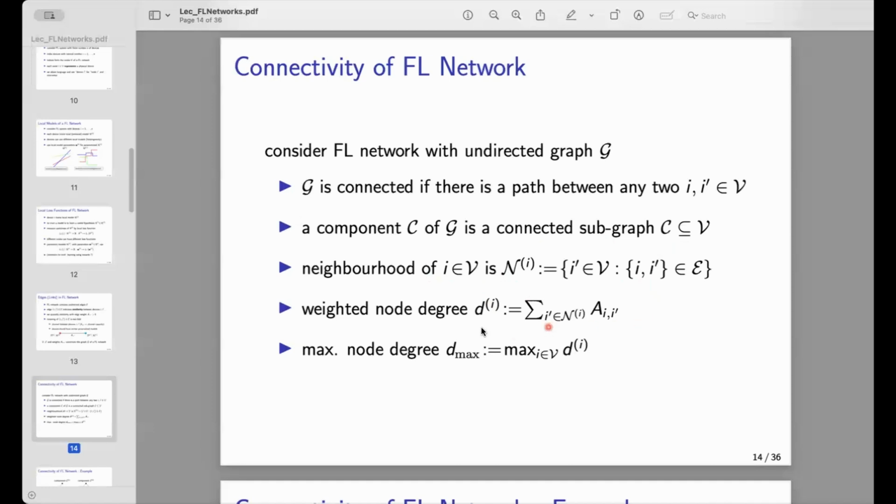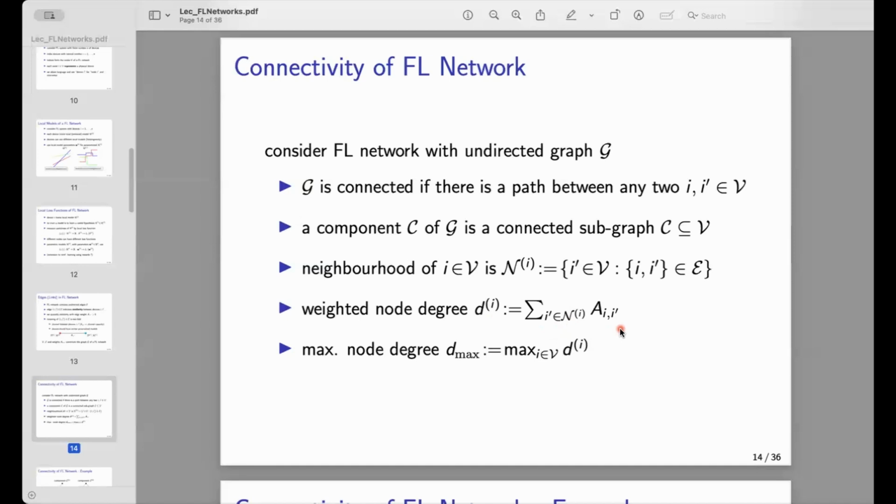Then we will also use the notion of a weighted node degree, which is the sum of all edge weights between a node and its neighbors. So if a node is connected with many other nodes via high weight edges, then it has a high weighted node degree. It could be an indicator that this node is important in some sense.